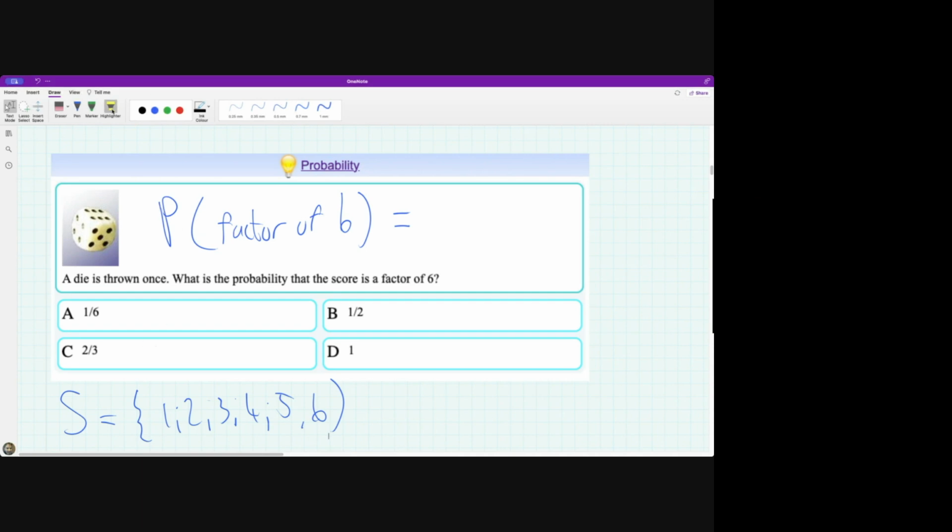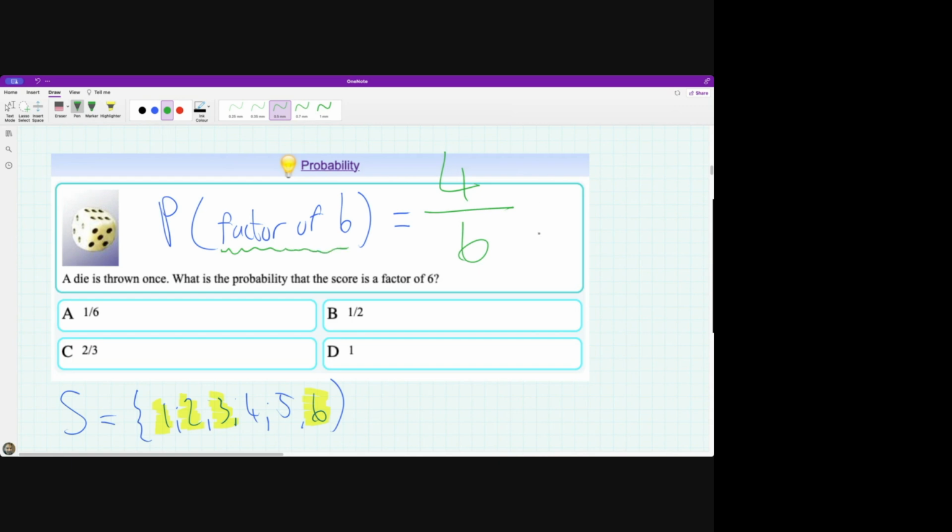So I think 1 divides 6, 2 divides 6, 3 divides 6, 6 divides 6. So the probability of getting a factor of 6, well, there's 6 possible outcomes, but 4 of them are favorable in terms of the event question.